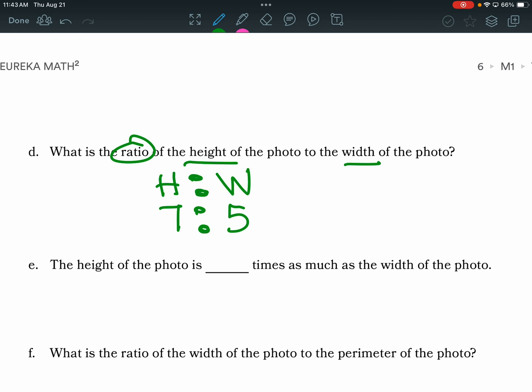So remember when we did this yesterday, height is first, width is second as a fraction. Height is first. What's the number? Second number? 5. Do not think because it's an improper fraction that it is wrong. On your exit ticket, when you had that 5 on top, you thought it was wrong over the 4 because it was an improper fraction. That does not make it wrong. It just makes it bigger than 1.